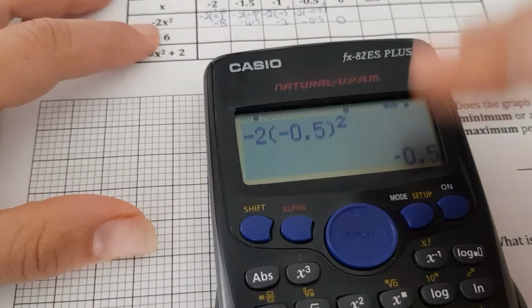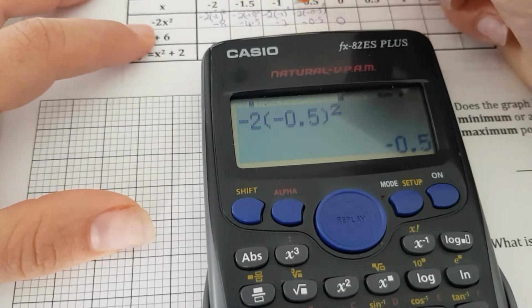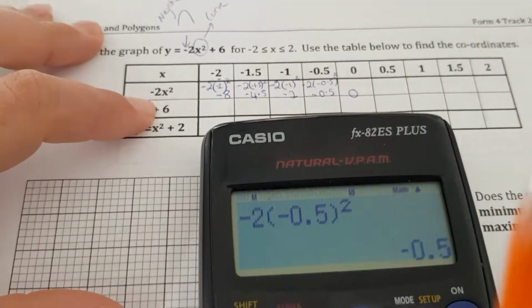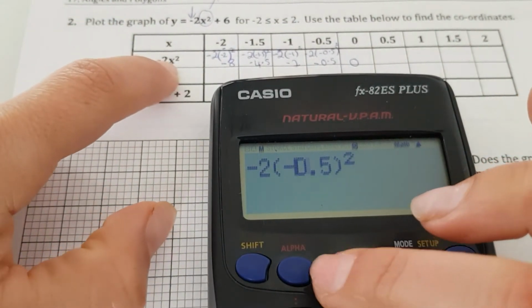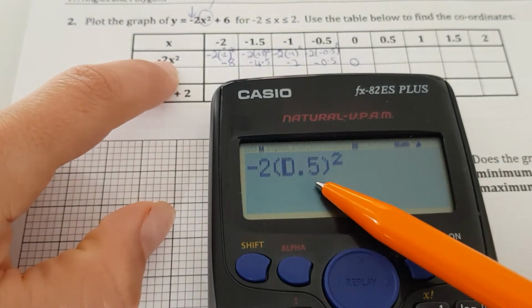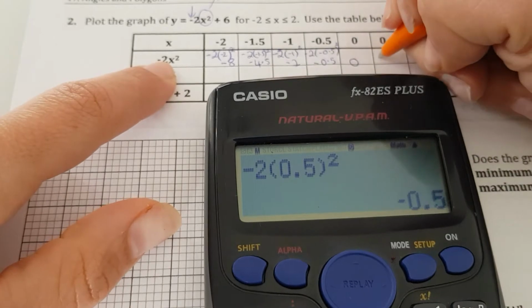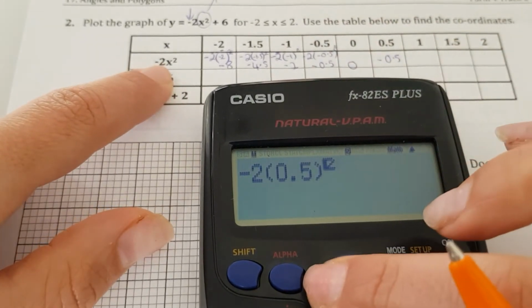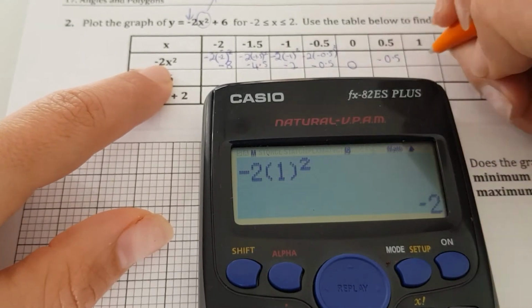Now for these, you don't have to write these, you can just use the calculator. Okay, and we have minus 2, and x is the one that changes every time. This is 0.5 now, positive. That's minus 1.5. Now x is 1, so I change what's inside the bracket to number 1. That's negative 2.